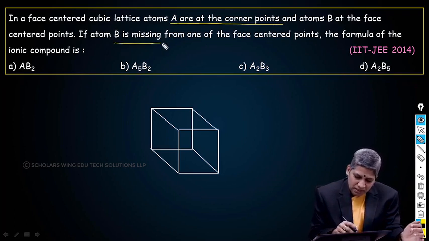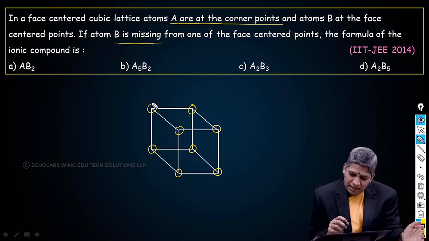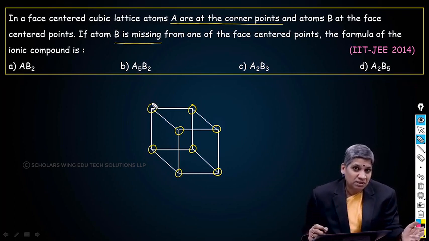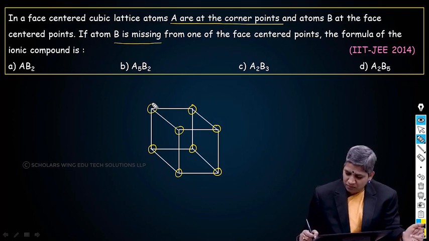This time B is missing. Okay. But A, all are present, right? Therefore, at 8 points, 1, 2, 3, 4, 5, 6, 7, 8 are there. B at the face center, but 1 is missing. That means there are 6 face centers. 1 is missing, means 6 minus 1 is 5. So let's take up one more color now.